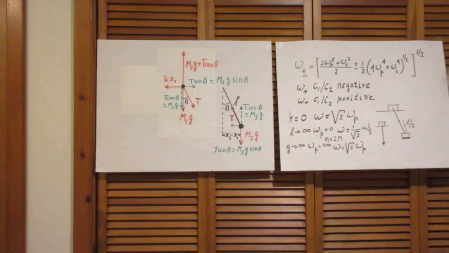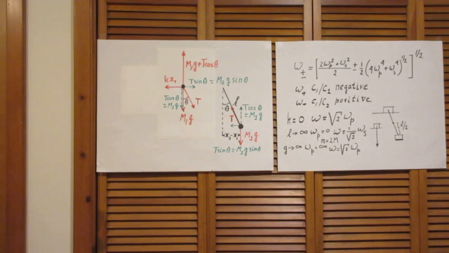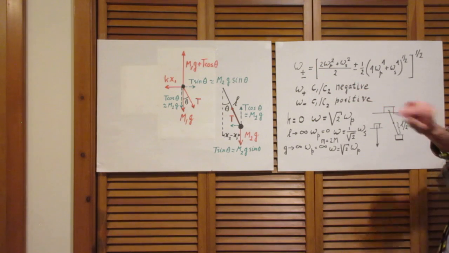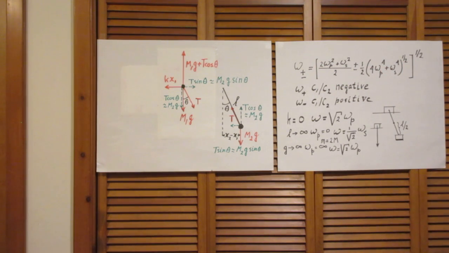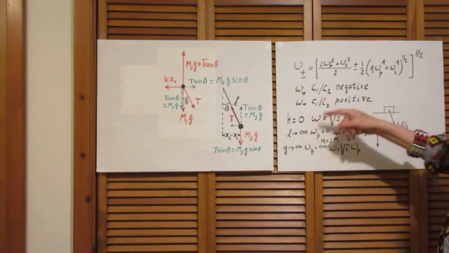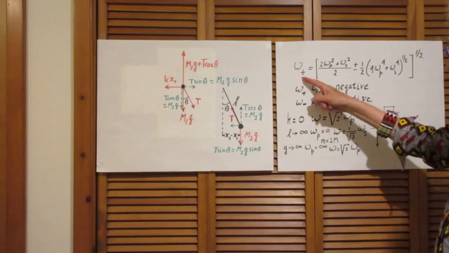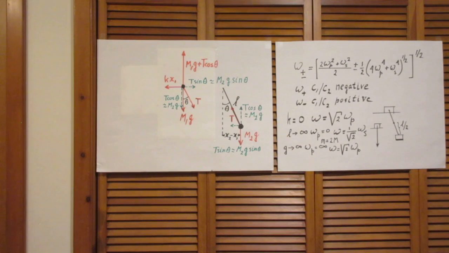And what you find now is that omega, the plus or minus is the consequence of the fact that you get two solutions for ax squared plus bx plus c is 0. The highest frequency has a plus here and the lowest frequency has a minus sign here. Looks rather complicated, doesn't it? But that's what it is.